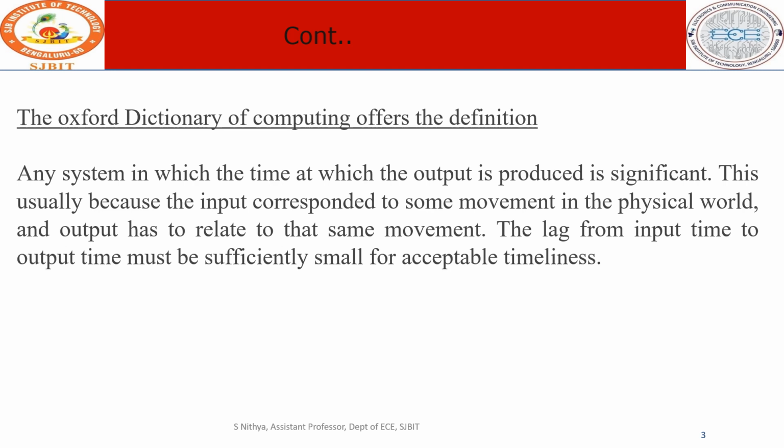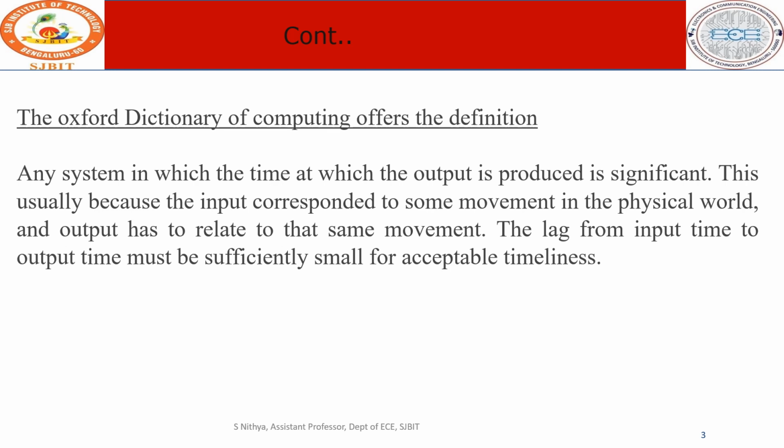Coming to the real-time system definitions, the Oxford Dictionary of Computing defines a real-time system as any system in which the time at which the output is produced is significant. This is usually because the input corresponds to some movement in the physical world, and an output has to be related to that same movement.